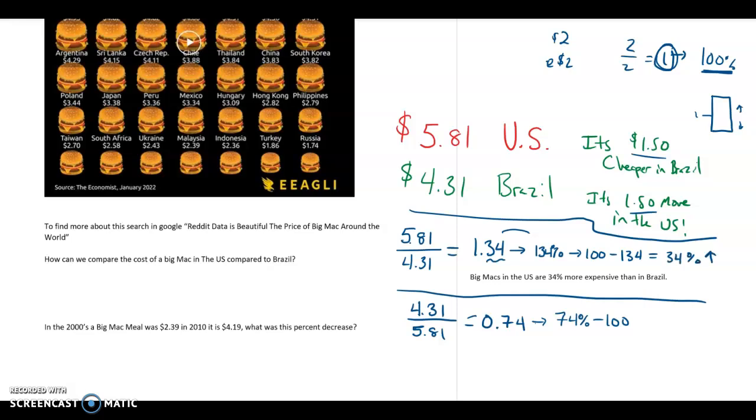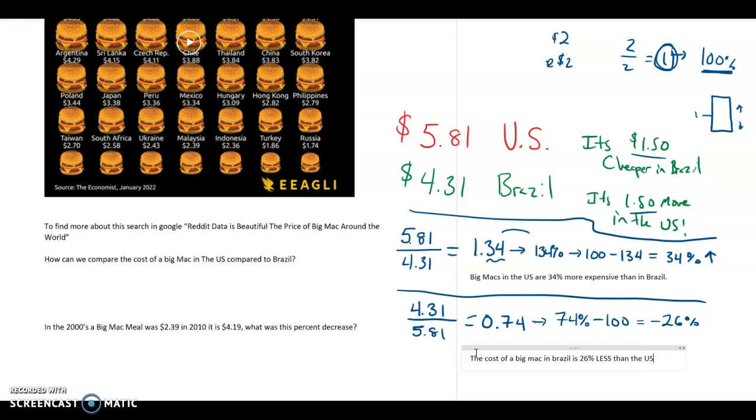Now we're going to do the same thing over here. 74 minus 100 gives us negative 26%. So what that tells us is the cost of a Big Mac in Brazil is 26% less than the US.